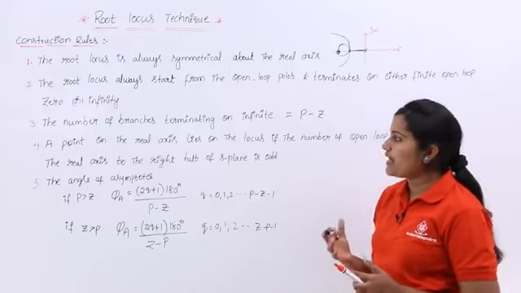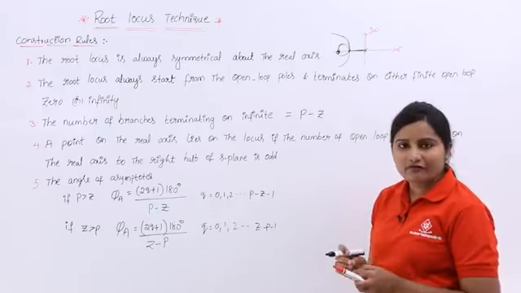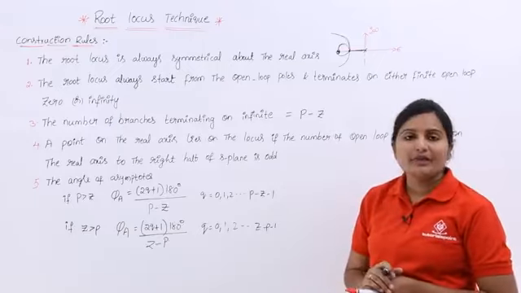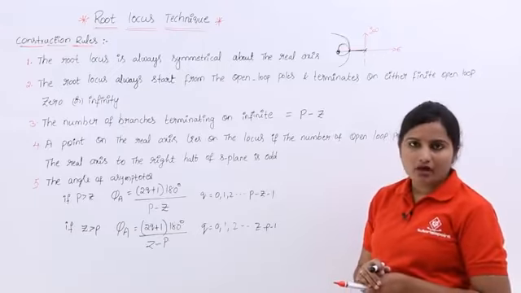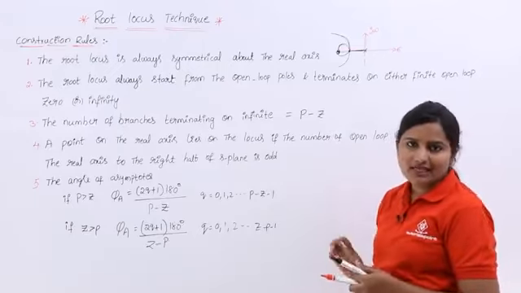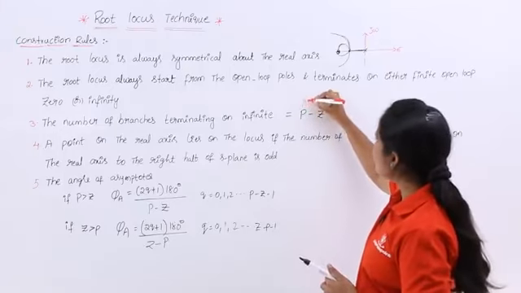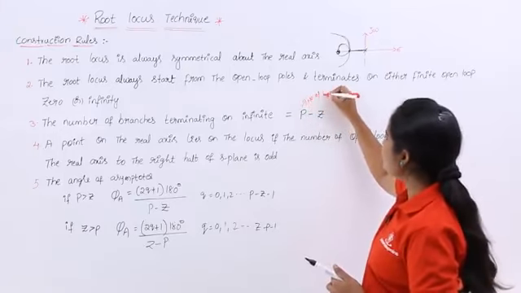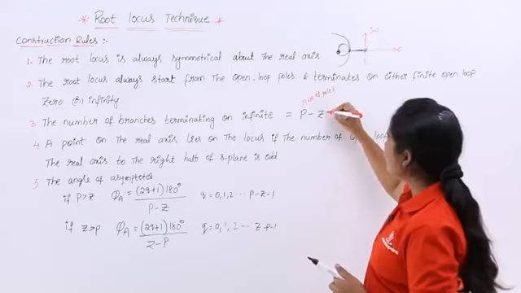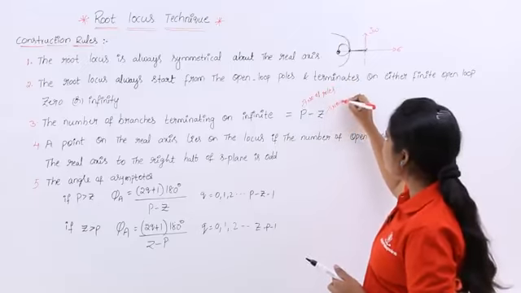The number of branches terminating at infinity is equal to p minus z, where p is the number of poles and z is the number of zeros.